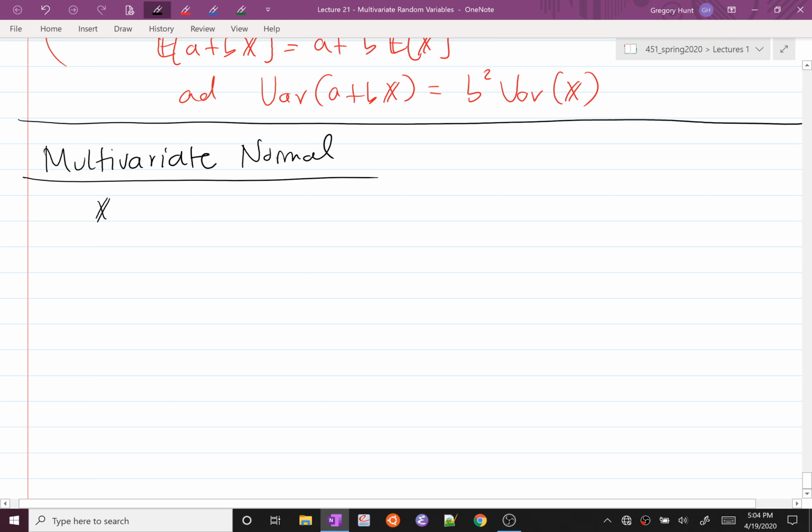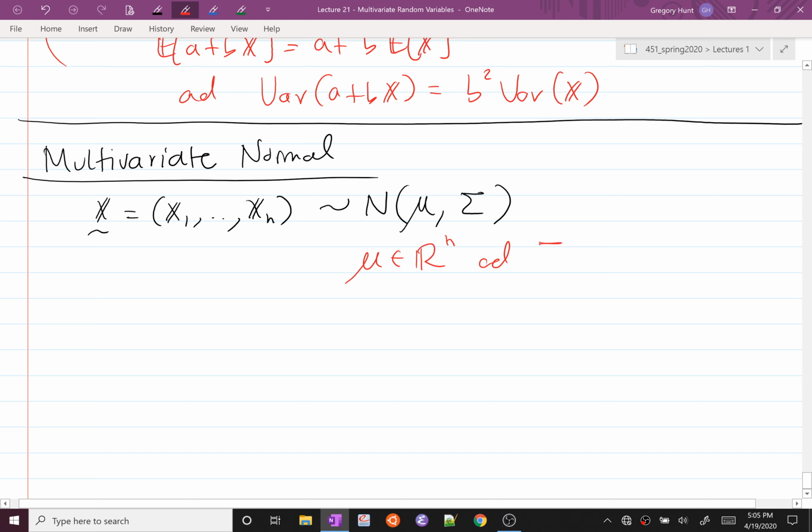So here we have our random vector X1 to Xn, and we say it's normal. The notation is that it has a mean vector mu and a covariance matrix sigma. Here mu is our mean vector, which is in Rn, and sigma is our variance-covariance matrix, which is an n by n matrix.